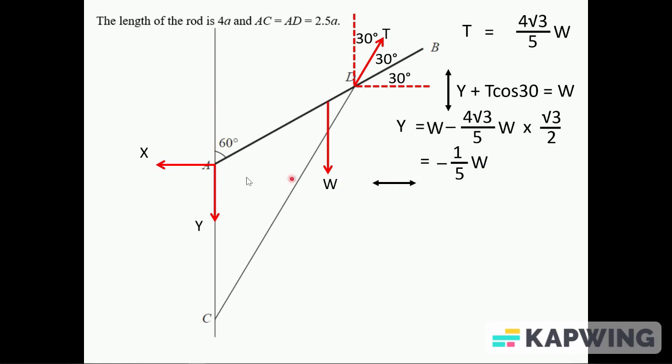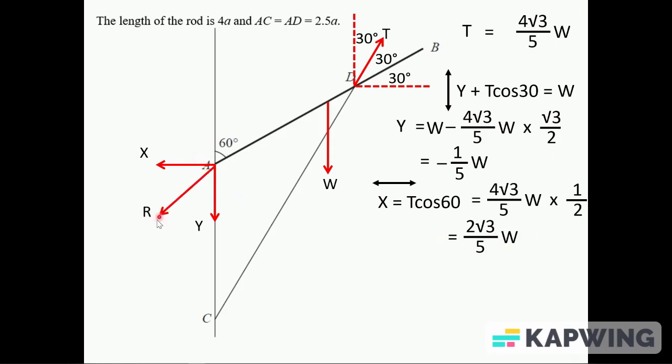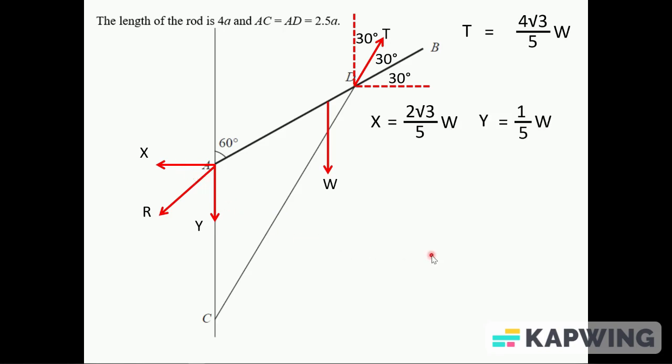Then look at it horizontally. Horizontal forces, just the X and the T cos 60. I'm going to turn it through an angle of 60 degrees to make it horizontal. So times by cos 60. So it's this times by a half, which is 2 root 3 over 5 times W. And I want the magnitude of this reaction. So we'll do Pythagoras with these two components.